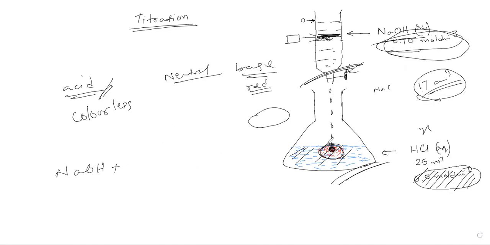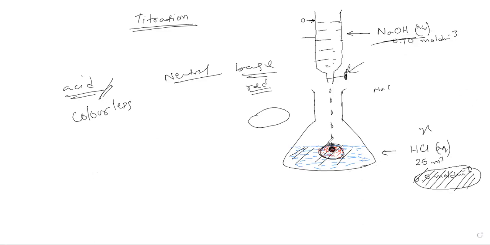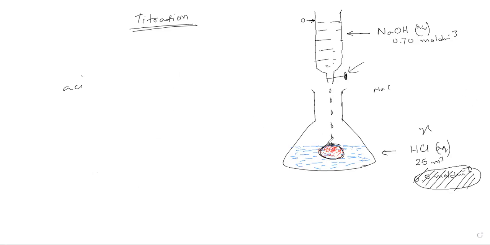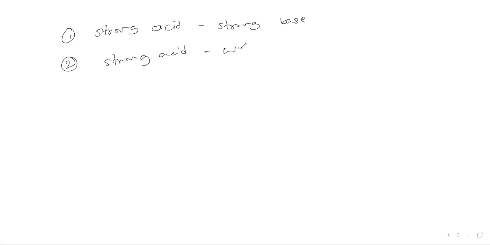Now, if we try to define what type of titration usually happens, or what type of analysis we usually do, we can categorize them into four different types, of which one is between strong acid and strong base. So we can do titration between these two types of substance. The second type is strong acid and weak base.